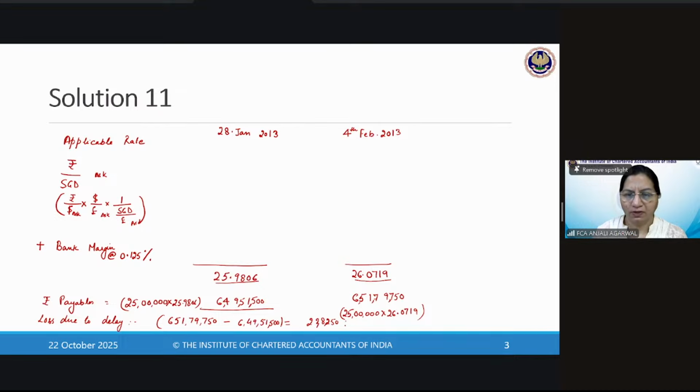So the loss is 2,28,250 rupees. This is how we're going to calculate the final answer. If you have understood, we can proceed forward. If there is any question or any doubt, please ask.